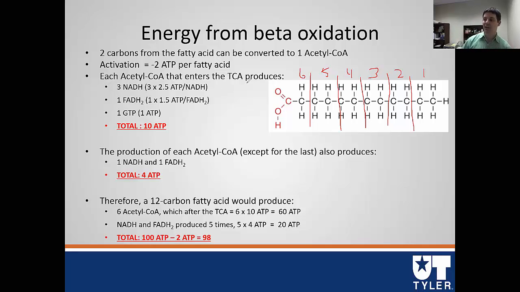Each acetyl-CoA that enters the TCA cycle, you remember, gives 3 NADHs, 1 FADH2, and an ATP. We can add those all up. That gives us 10 ATP per acetyl-CoA that gets sent in through beta oxidation. Right? If we look, we can send this one in, this one in, this one in, this one in, this one. So we can send all 6 in.